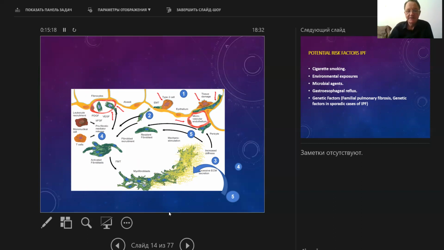In this slide, you can find the inflammatory cytokines like tumor necrosis factor alpha or interleukins 1, 6, and others.